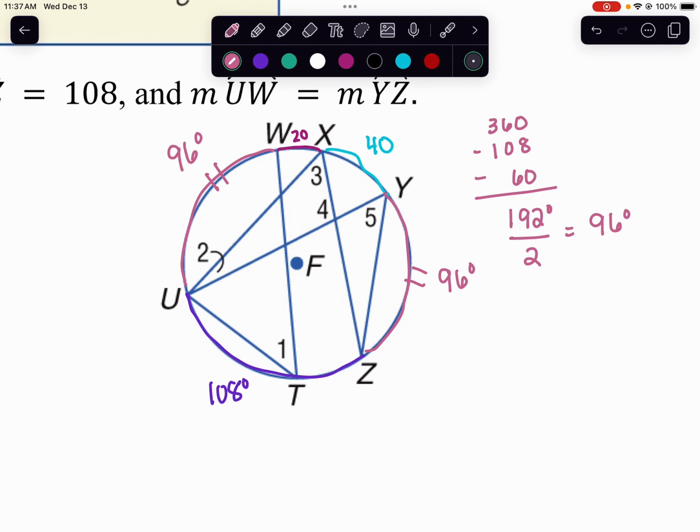Now, to find each numbered angle, I need to look at the angle. Angle 1 is from here to here, so the arc in the middle is right there.